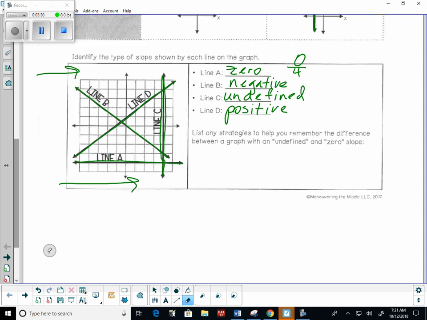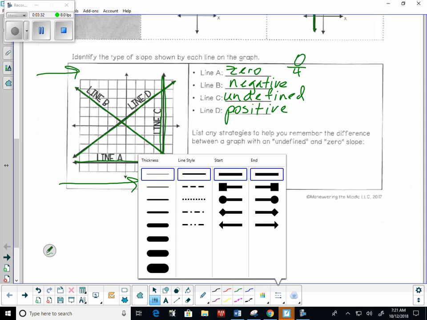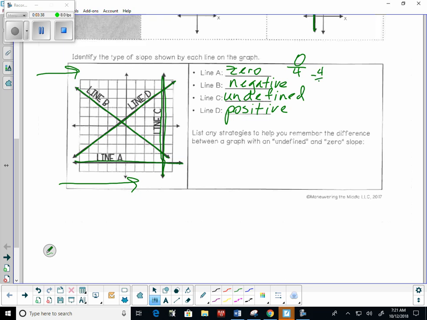Let's rewrite that. So the negative could be negative 4 over 3. We could also write that as 4 over negative 3. But normally we just write it like this. We have one negative. Negative 4 over 3.